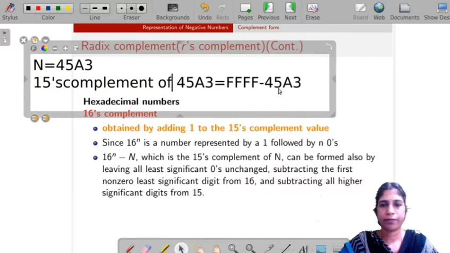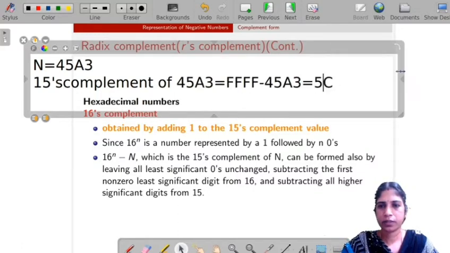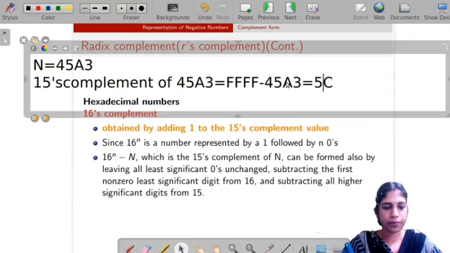So FF minus 45a3. That is equal to F minus 3, 15 minus 3, 12. 12 is equal to C. Then 15 minus A, 15 minus 10 is equal to 5. Next is F minus 5, which is equal to 10.